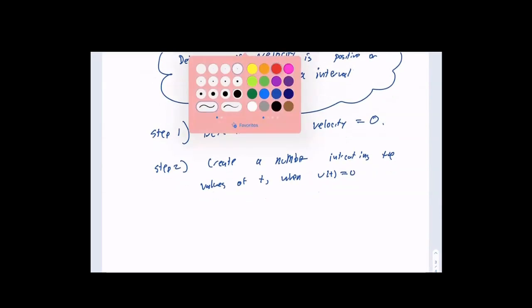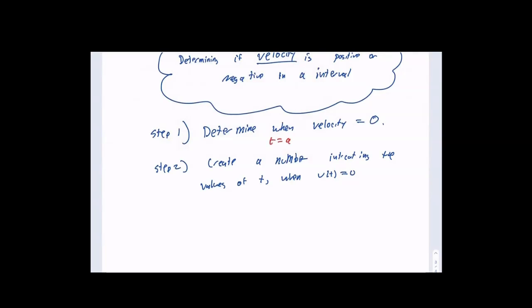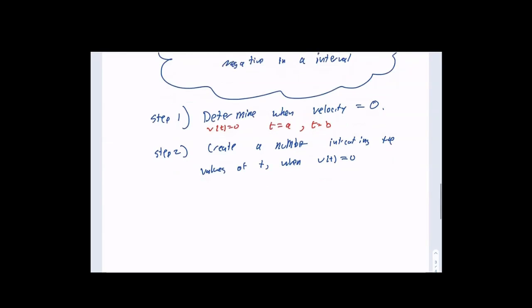So this might, for example, give you like t equals a and t equals b. So we set velocity equal to 0, and we have to solve that. As you saw in maybe one of your problems last night, this might require something like a quadratic equation where we have to factor. Factoring something with quadratics is something that by now it should be assumed that you know how to do. So we set velocity to 0, and then we solve it, and we get these two values.